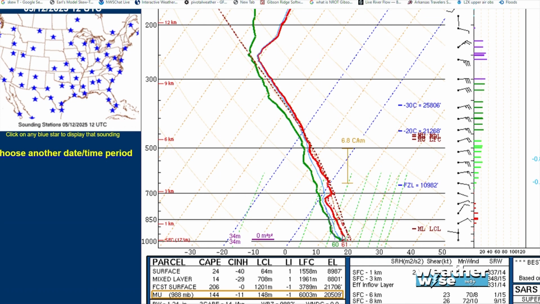The green line is the dew point. And when you have the red and green line pretty much on top of one another, that means you have 100% saturation. So right at the bottom here, you see the dew point's at 60, the temperature was 61, therefore there's probably some fog developing in some parts of the region because we had almost full saturation right at the ground.